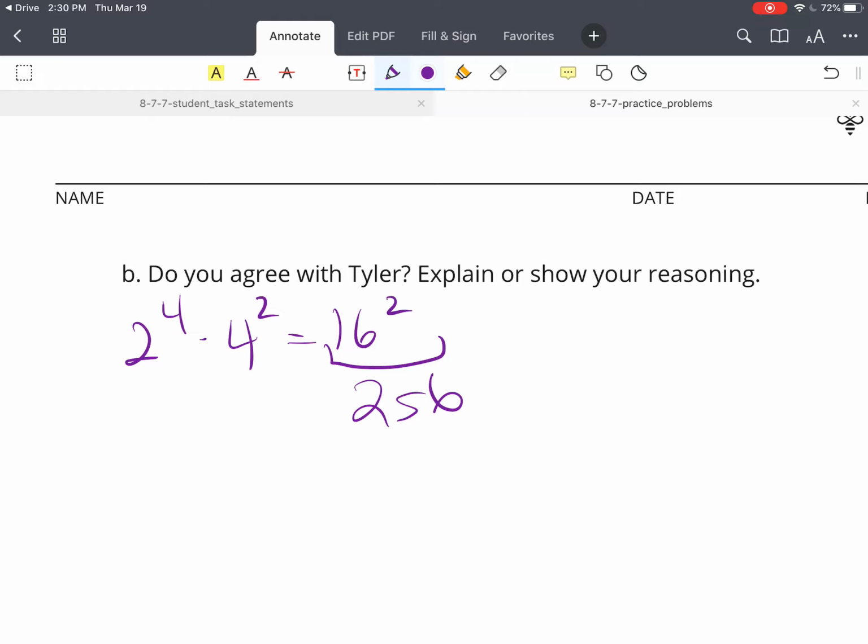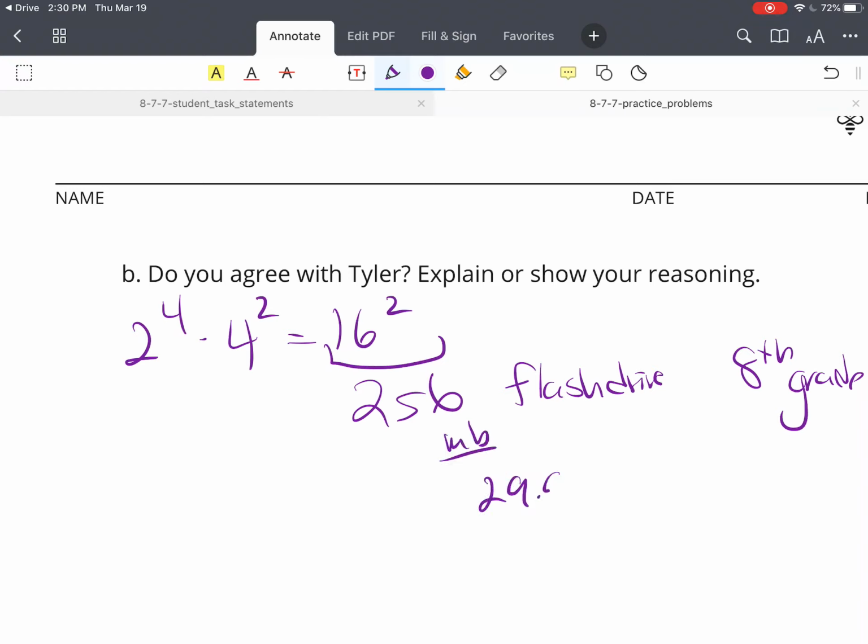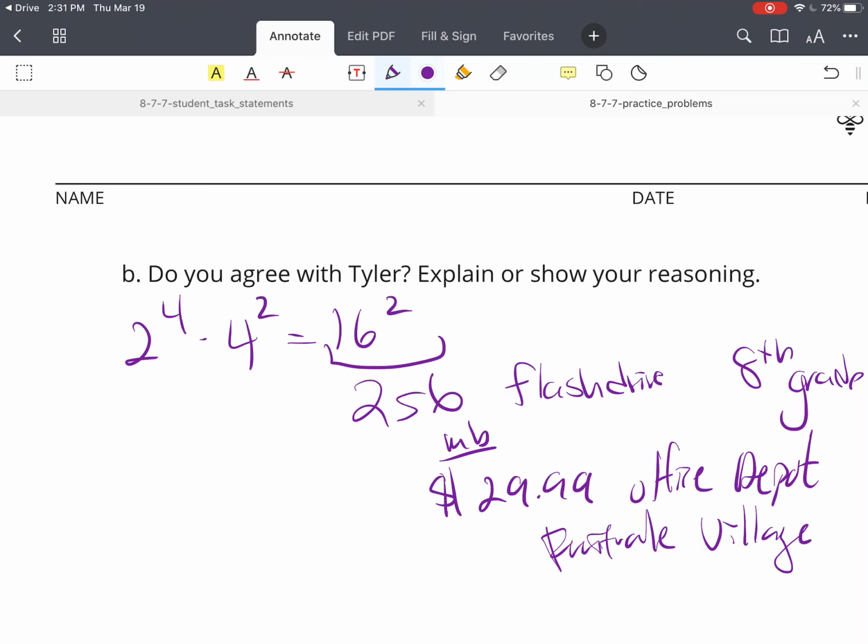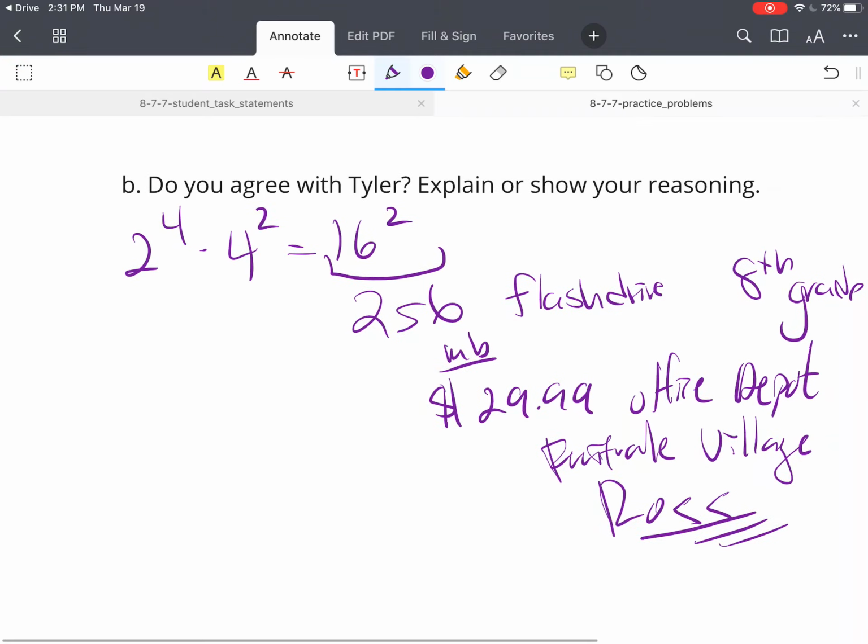It could be because that's 2 to the 8th power, a power of 2. But 256 was actually how big my flash drive was when I was in 8th grade. But it wasn't 256 gigabytes. It was 256 megabytes. And I paid $29.99 at Office Depot at the Fruitvale Village. And if you don't know, there is no Office Depot there because now it's a Ross. Good old times. Back when we weren't in quarantine. Or is it quarantine? I think I'm losing it.